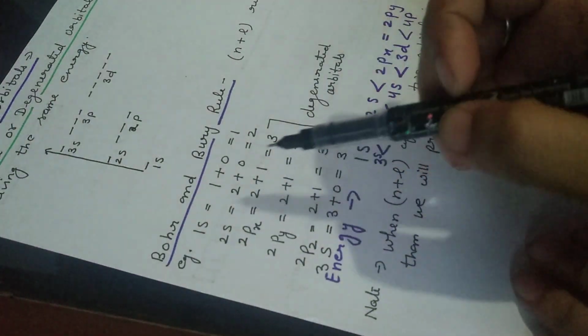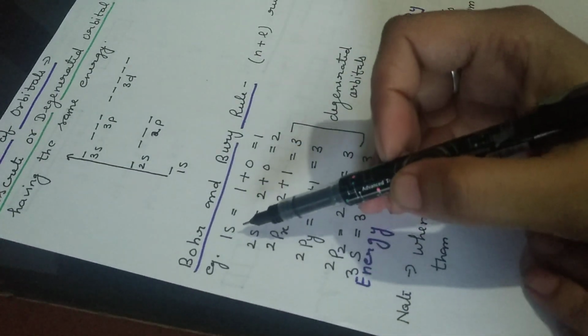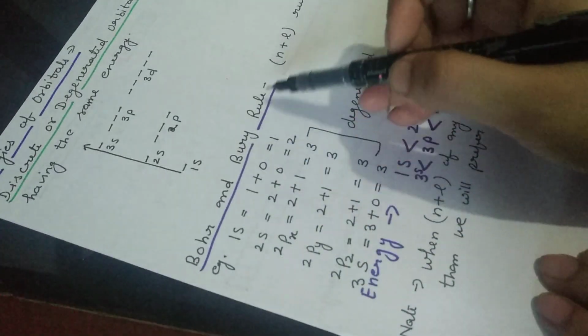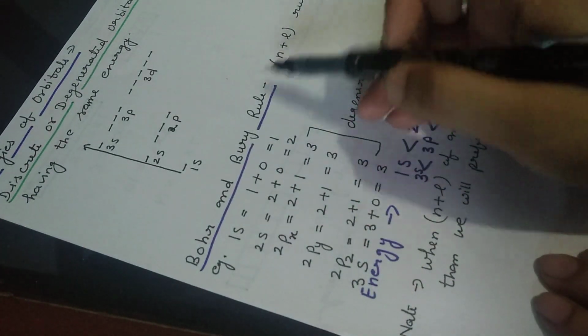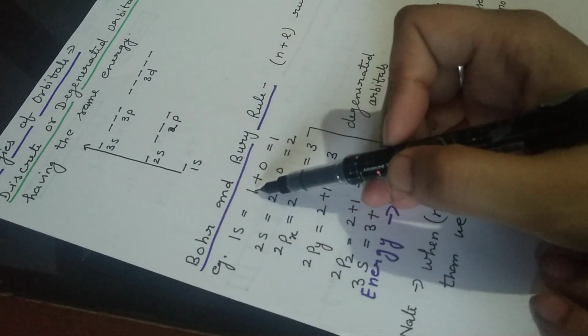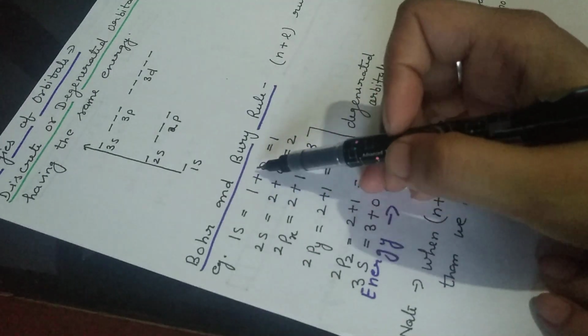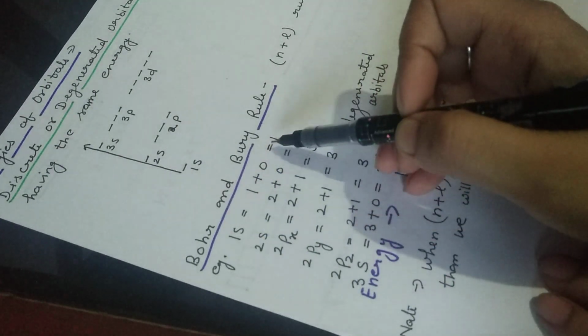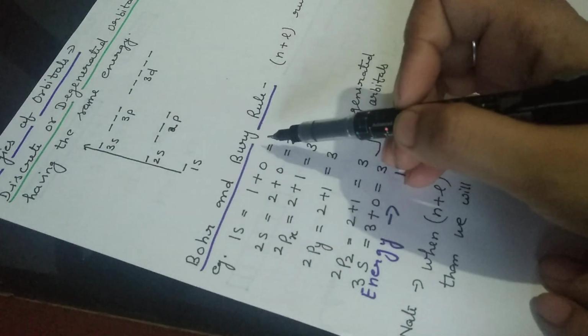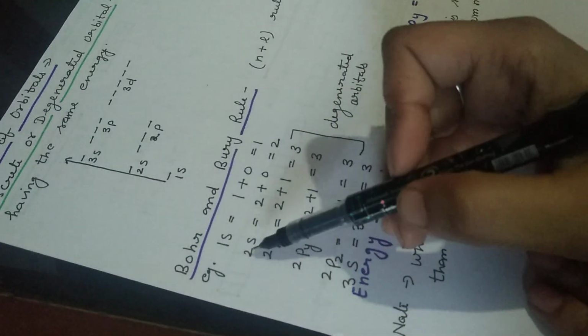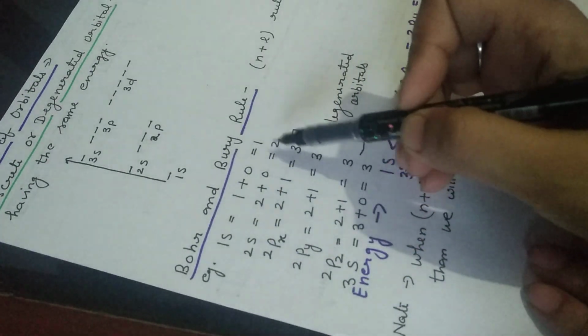Now we are taking the example. In the 1s orbital, according to this rule n plus l, the principal quantum number is 1 and l is 0, so it comes to 1. In 2s it comes to 2.